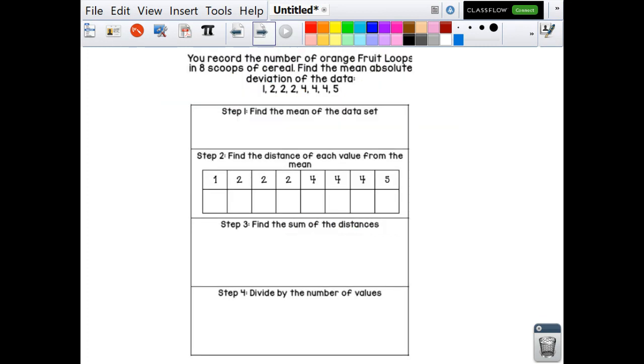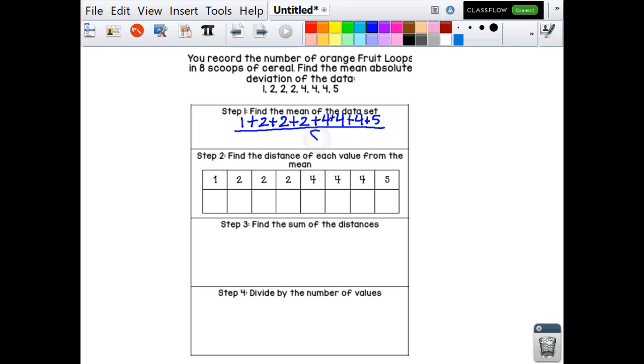All right. So we're first going to find the mean of the data set. So we're going to have 1 plus 2 plus 2 plus 2 plus 4 plus 4 plus 4 plus 5. This is basically telling us we record the number of orange Fruit Loops in 8 scoops of cereal. Find the mean absolute deviation.